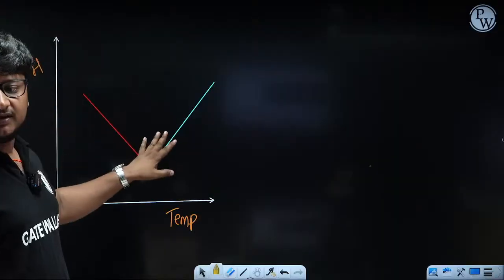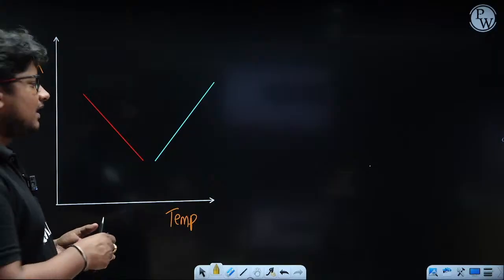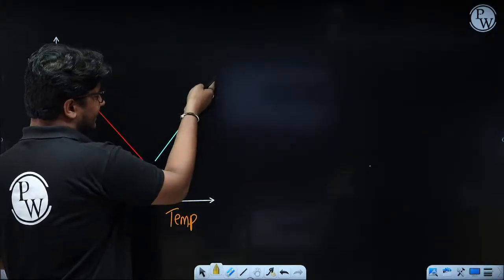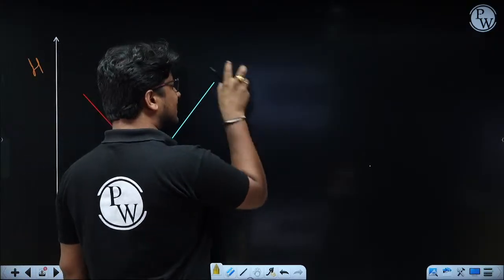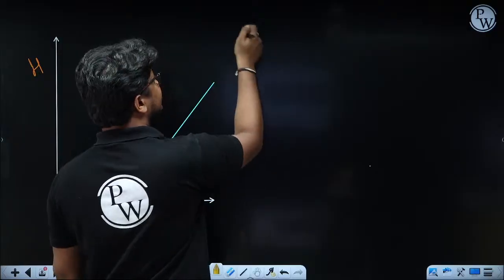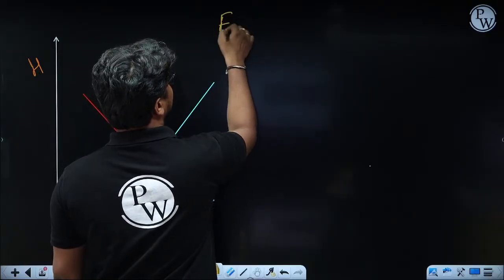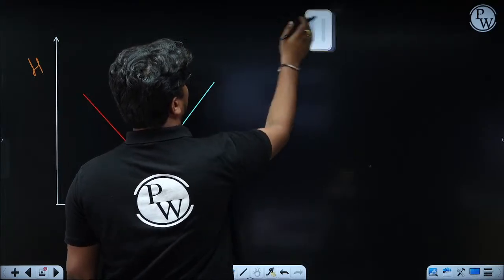But now here, as you increase the height, your temperature is increasing. So the actual ELR value we are getting is positive, but as it is opposite from the previous cases, that's why this case we are calling negative ELR case.